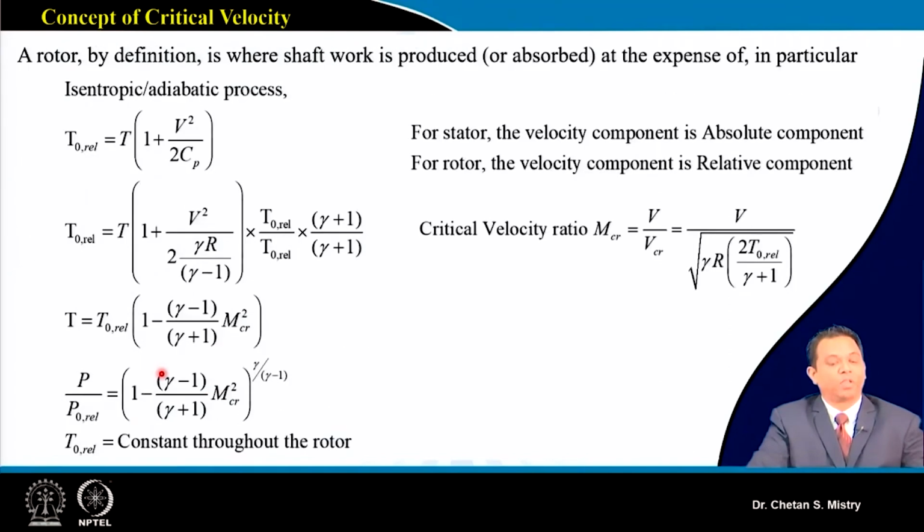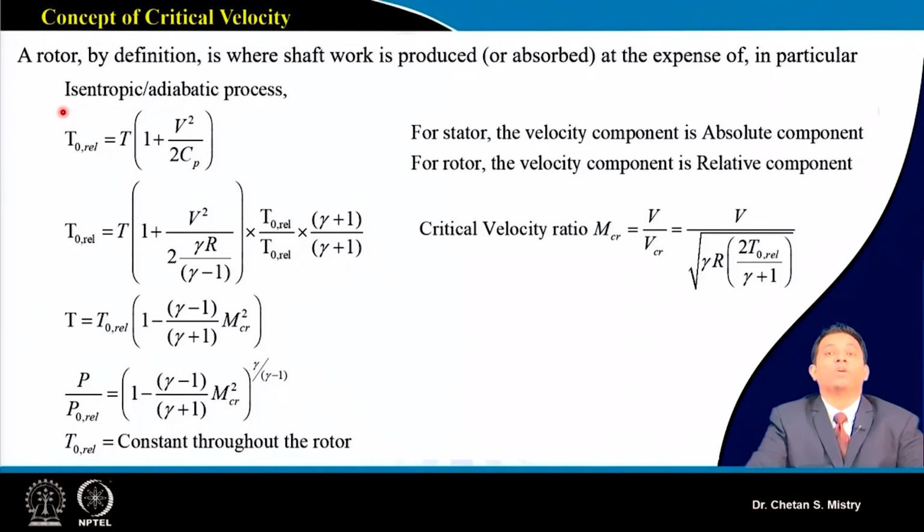Okay. Now if we are talking about the rotor, what we know is that the rotor generates the shaft work if we are talking about a turbine, and it consumes power when we are talking about the compressor. For that part, as we have discussed, in place of using total properties we are using relative properties.